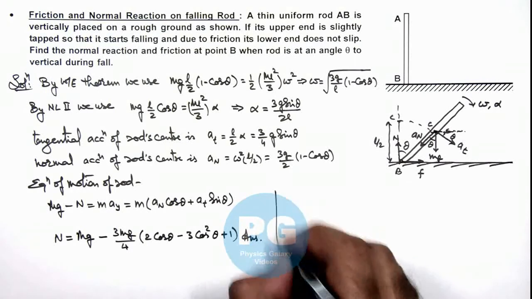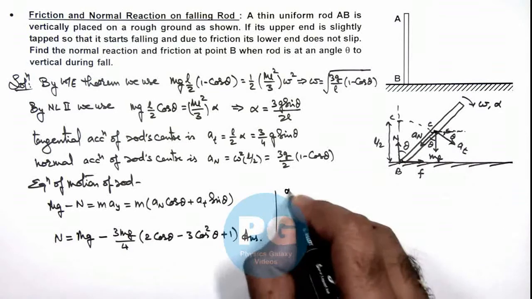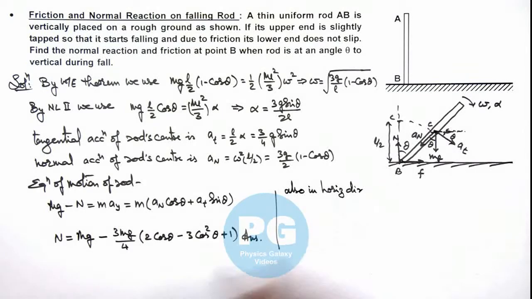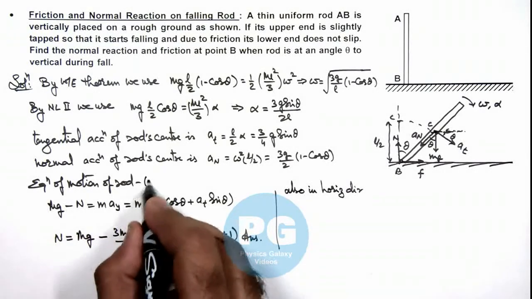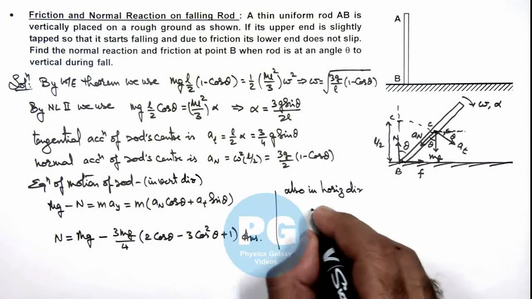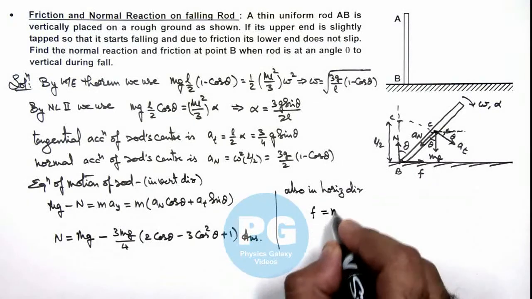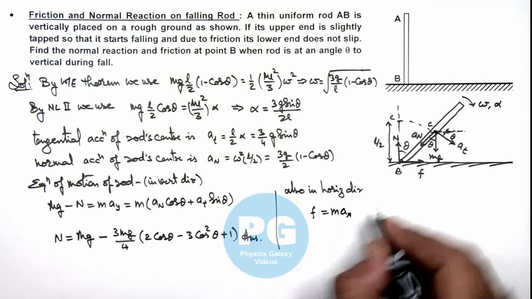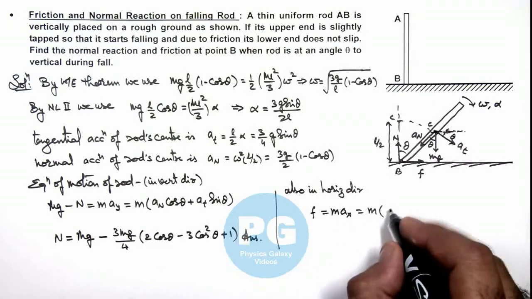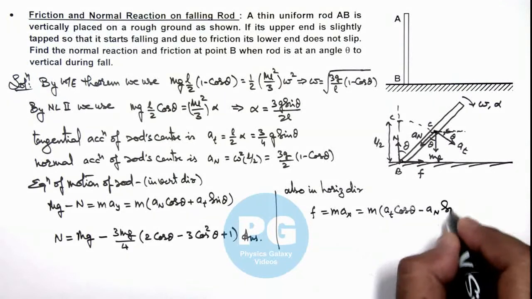And we can also write the equation of motion in the horizontal direction. Also in the horizontal direction, here we can see this equation we are writing in the vertical direction. For the horizontal direction, we can write the only force acting on the rod is friction, which can be written as m a x, and acceleration of the rod in the x direction here can be given as a tangential cos theta minus a normal sin theta.